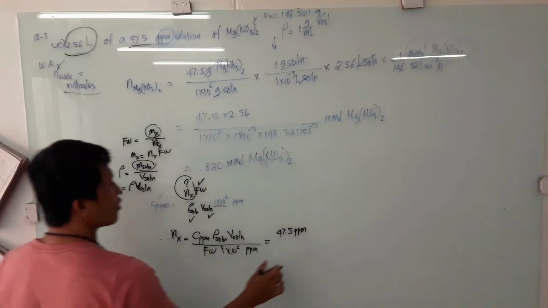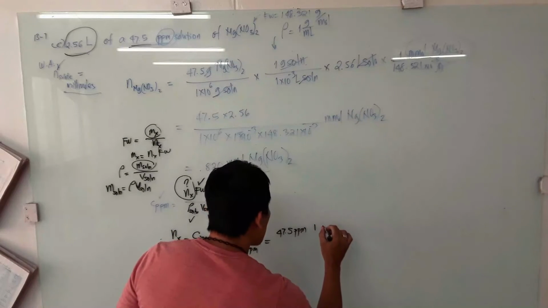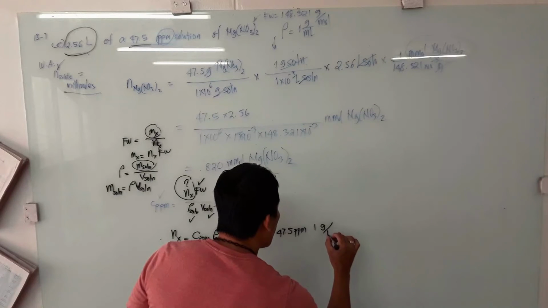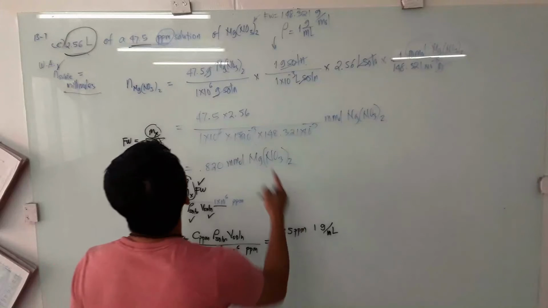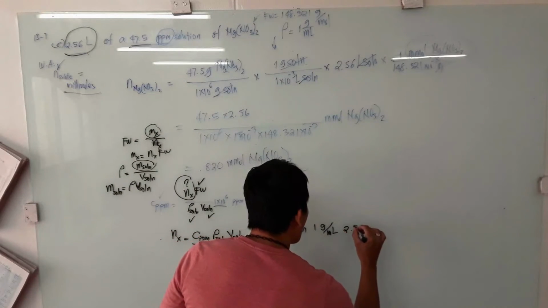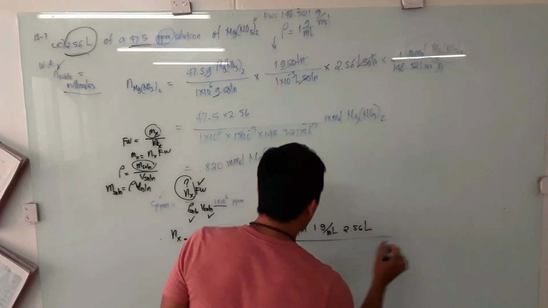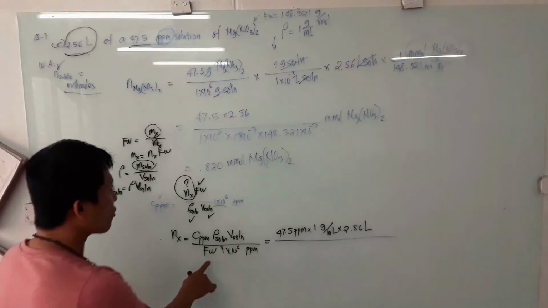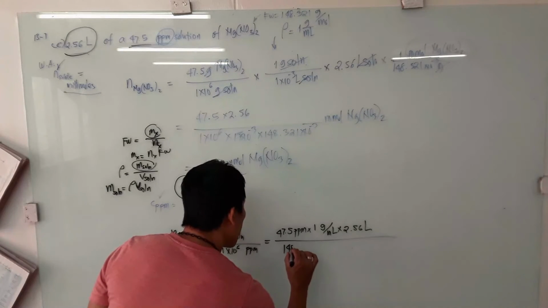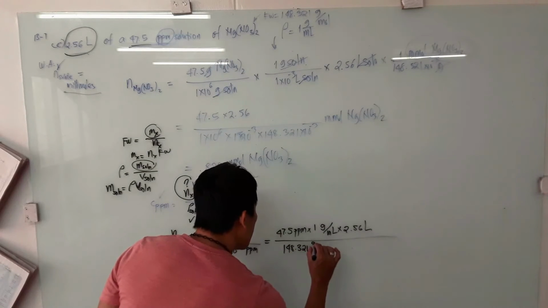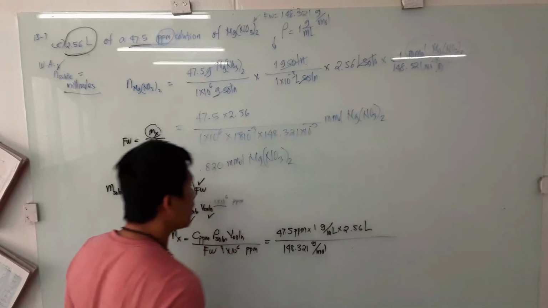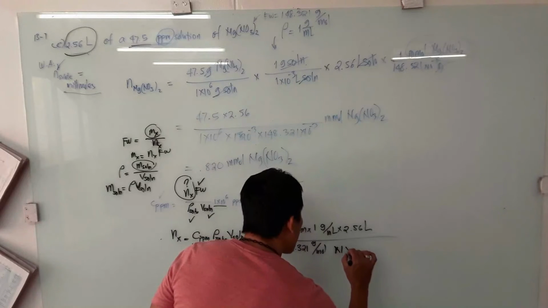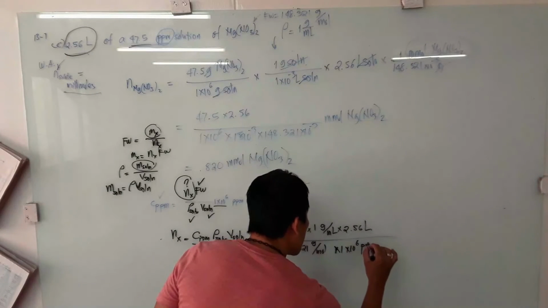Then the density of the solution is 1 gram per mL, and the volume of the solution is 2.56 liters. Just plug it all in first. The formula weight would be 148.321 grams per mole. And then next is 1 times 10 to the 6 ppm.